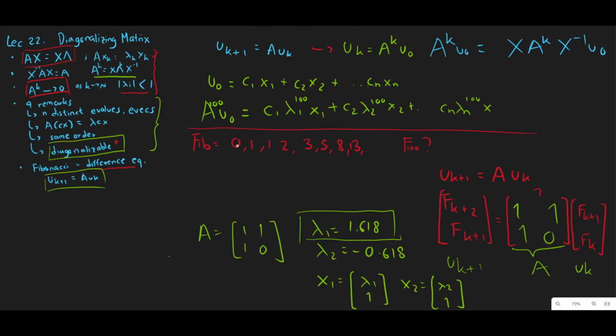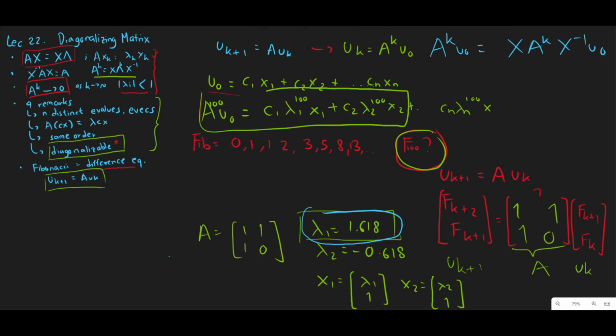And let's try to find a solution for this one first. Okay, let's forget about that one. They're just side examples, showing that by finding the eigenvalues, you already know the growth of the system. Okay, so let's find the 100th term right here. We can just plug it in here right away. Because we only have 2 eigenvectors, we can just use this up to the second one, right?